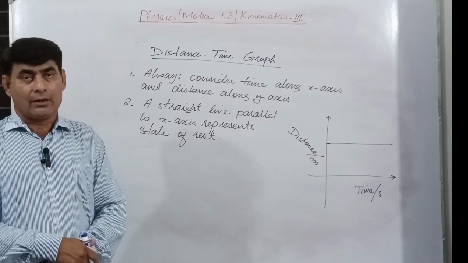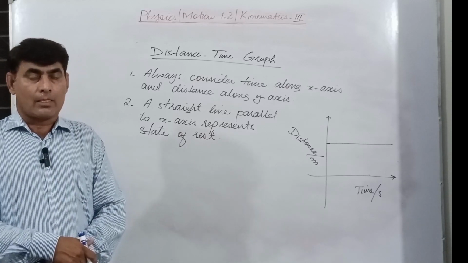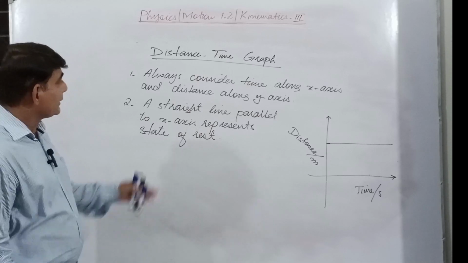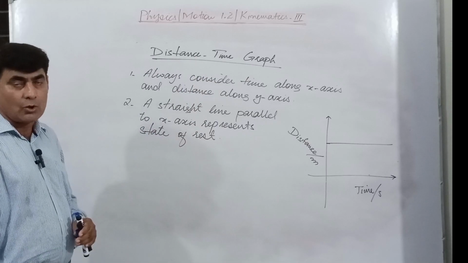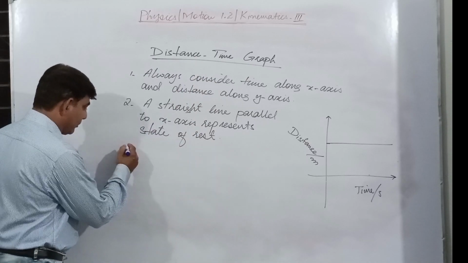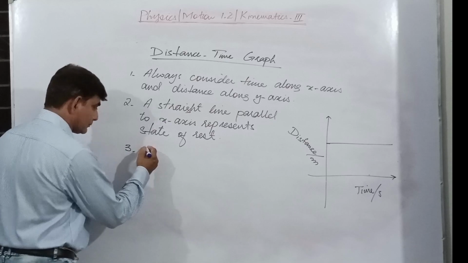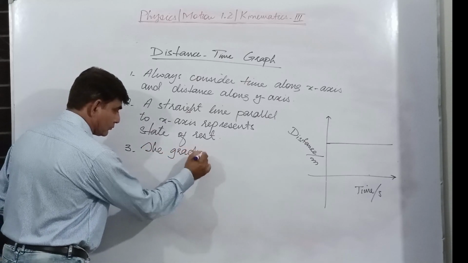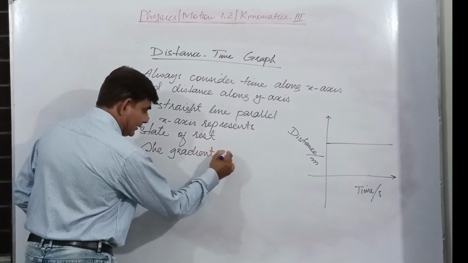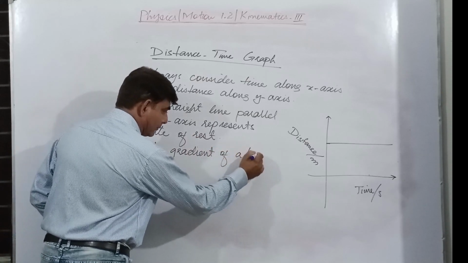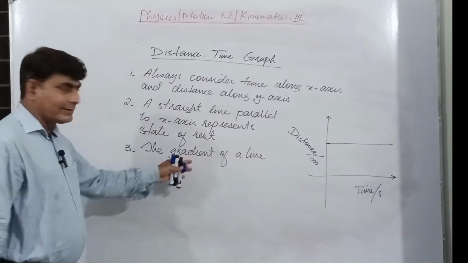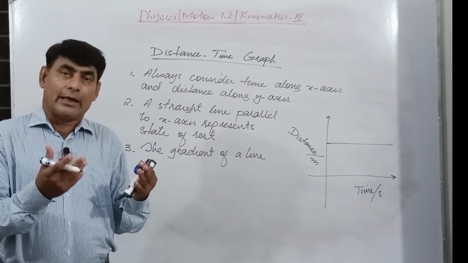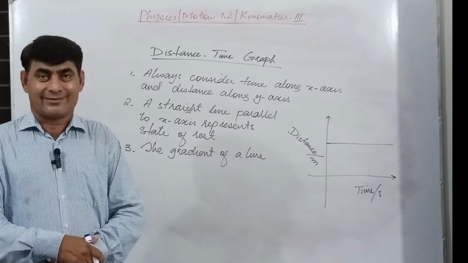But before that, we have to learn what the gradient of a line in a distance time graph is. The third step: the gradient of a line. What does gradient mean? Gradient means the inclination, the tangent.